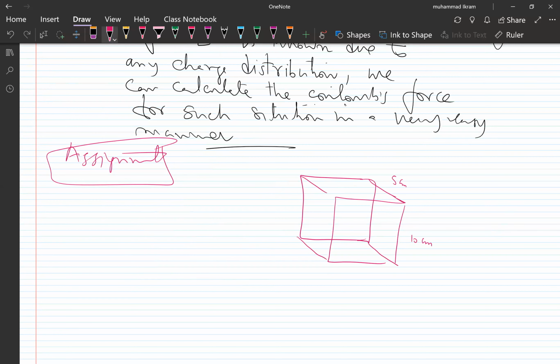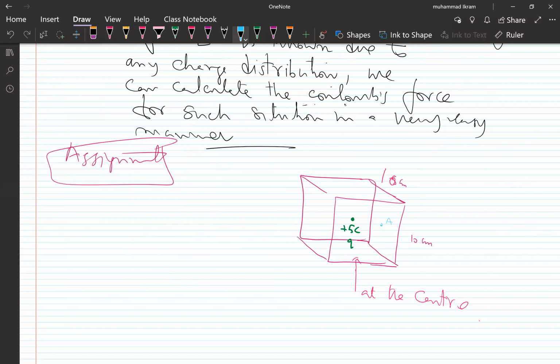This is also 10 centimeter. It encloses a charge, a plus 5 coulomb charge inside it. The charge is at the center. What lies at the center? 5 coulomb of charge.